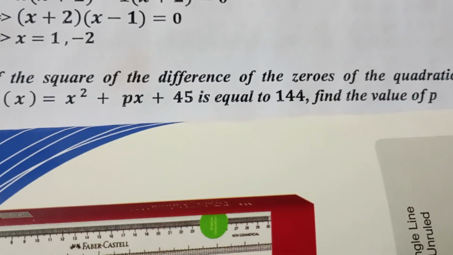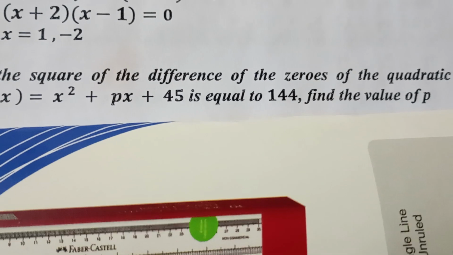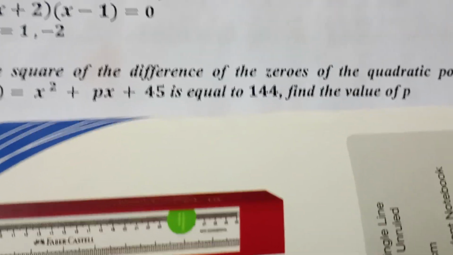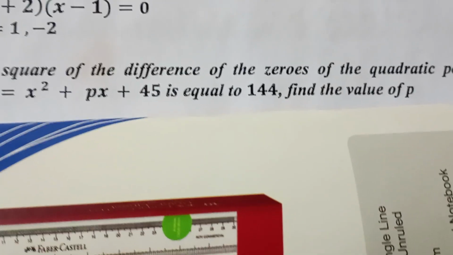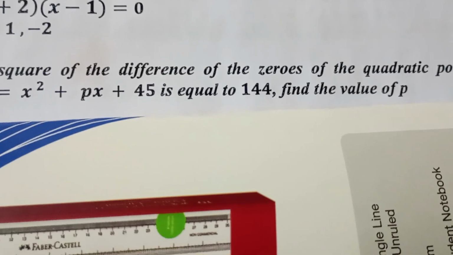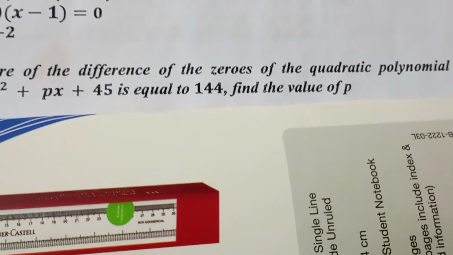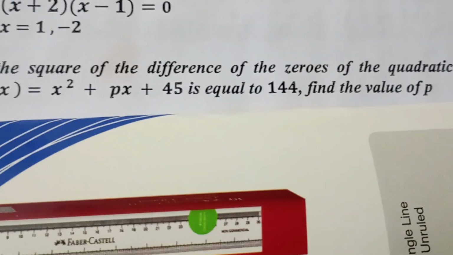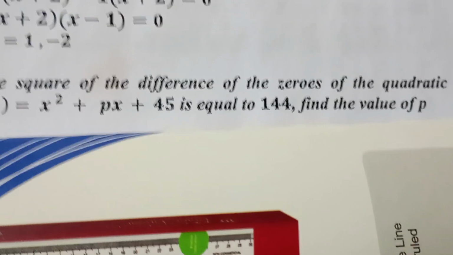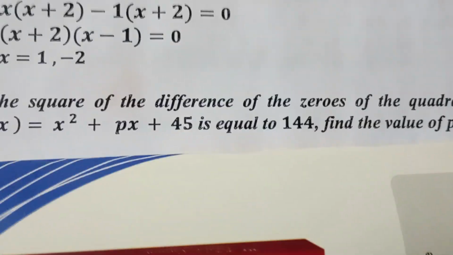Now we are given the square of the difference of the zeros, not the sum of the zeros. So if you consider alpha and beta are the zeros of this quadratic polynomial, it is alpha minus beta the whole square that is given to be 144.